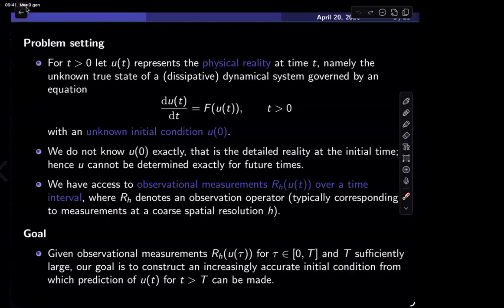So you can observe the reality, and usually this number here, h, represents the spatial resolution of your observations. So what is the idea?